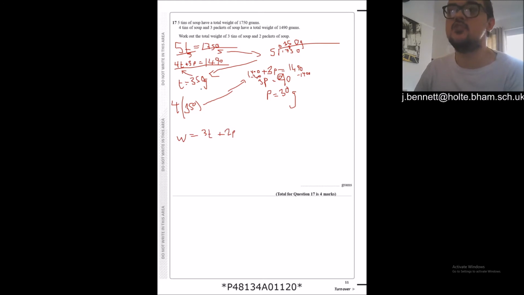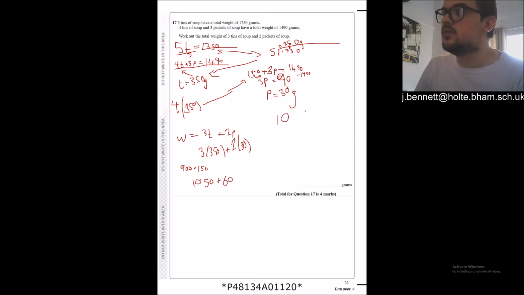T is 350. 3 lots of 350 plus 2 lots of 30. 3 times 300 is 900, 50 times 3 is 150, that gives you 1050. Plus 2 lots of 30, which is 60.